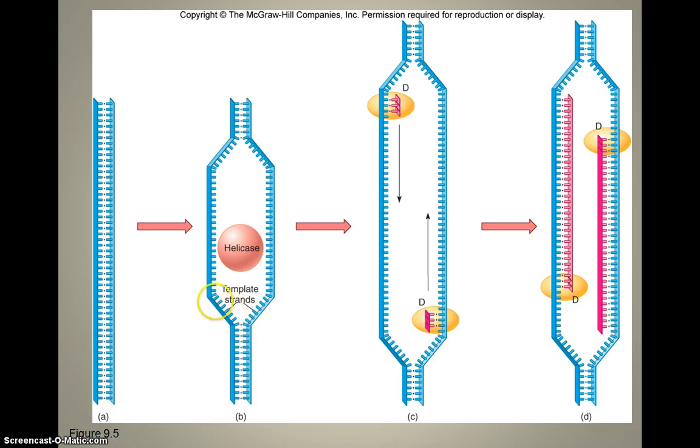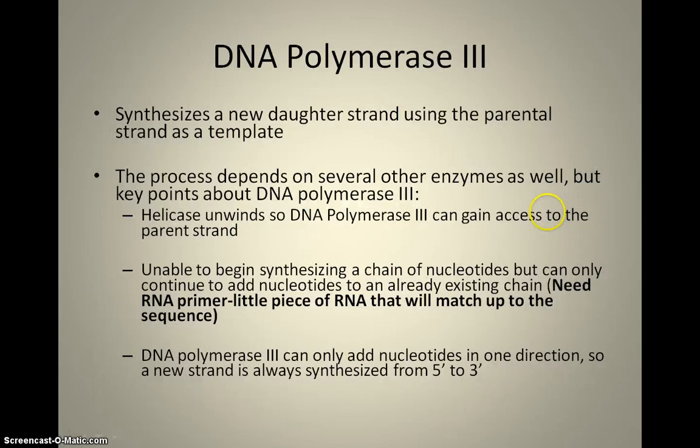So we can read the template strand. Next is going to come along a primer and DNA polymerase, which then is going to go along either side of the strand and actually start to make the copy. So the pink strand is the new stuff, and the blue strand is the old stuff.